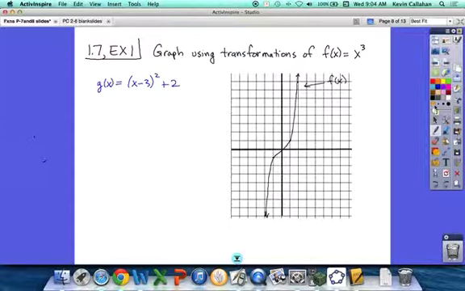Like this point, (0, 0), move it right 3, up 2. (1, 1), right 3, up 2. (-1, -1), right 3, up 2. (-2, -8), right 3, up 2. And sketch a new graph. All right, looks something like this.